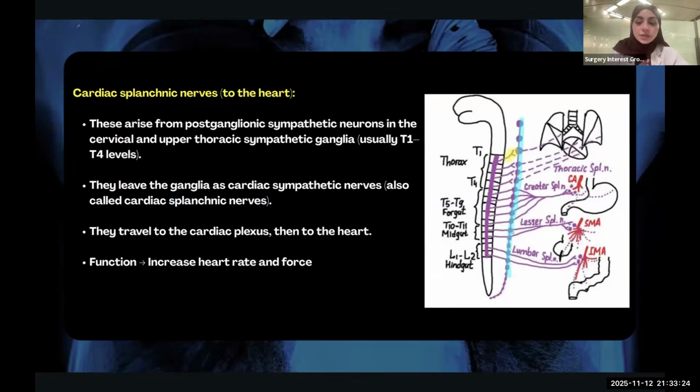They're going to be postsynaptic, my bad if I misspoke, postsynaptic or postganglionic fibers innervating the heart. Splanchnic means organ, which is why you're going to see that all of these nerves innervating other viscera are going to have splanchnic in the name. Okay, so cardiac splanchnic. They're going to be postganglionic sympathetic fibers.